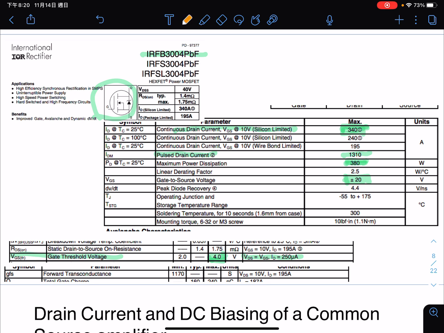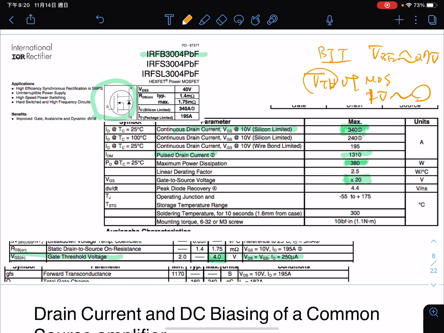In most BJTs, we have VBE around 0.7 volt. But the VTH of a MOS can range from maybe 1 volt or 2 volts to a very large one. For example, this is 4 volts, which is quite large compared to 0.7 volts. This is a typical power MOS, usually.